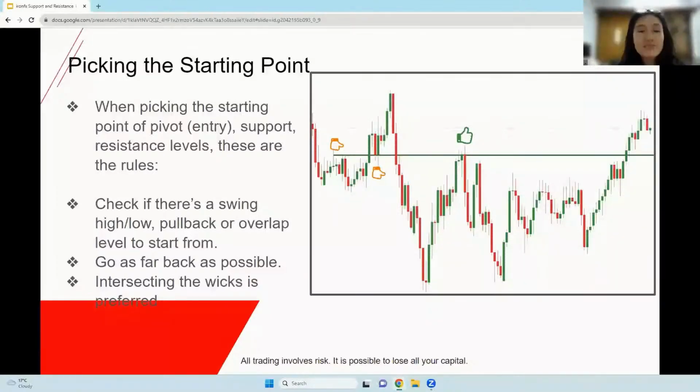Next, we want to go as far back as possible. As you saw in the previous slide, I did mention we want to try and pull it back as far as possible without intersecting too many bodies of the candlesticks. So we want to avoid cutting the thick part of the candlestick and just the wick. Just the little sticks on top of the candles are perfectly fine.